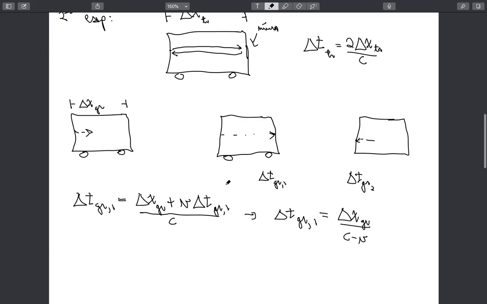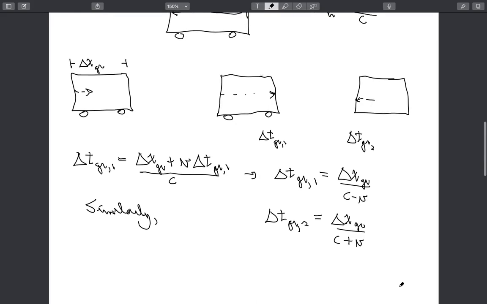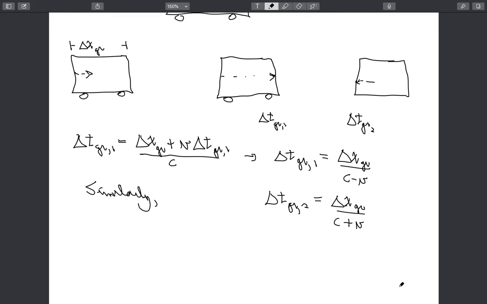Okay, as if the light was traveling at speed c minus v, which it is in the ground observer's frame of reference. Now, similarly, you have that the delta t ground 2, which is the light coming back to its origin here, that's just going to be equal to delta x ground divided by c plus v, because now the light is traveling in the other direction. All right, so where does that leave us?